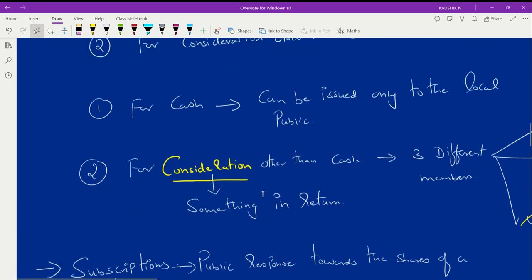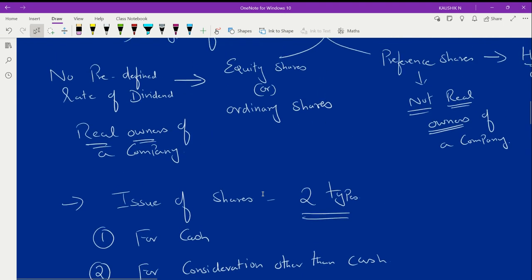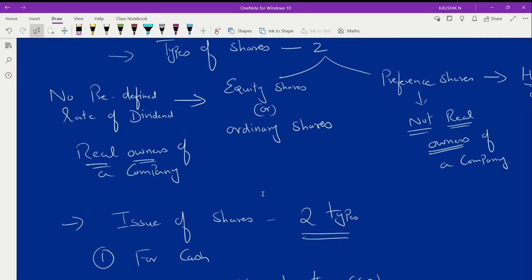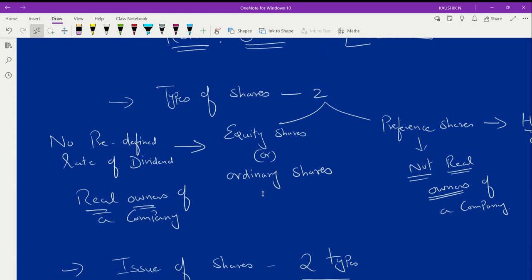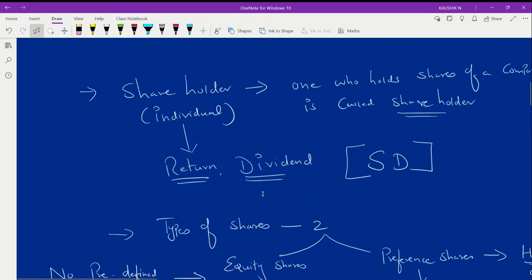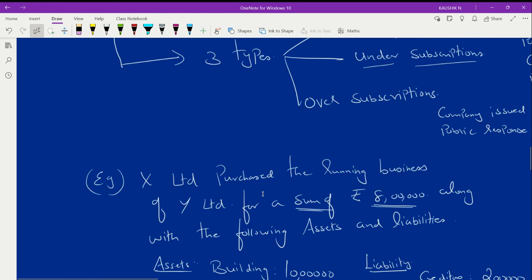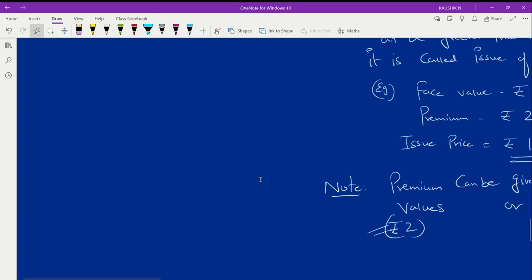What do you mean by the term consideration, and to how many members you can issue shares on a consideration other than cash, and the types of issues: two types, for cash and for consideration. What equity shares are otherwise called, and what preference shares are also known as, and what is the return, the dividend, that you pay to the shareholders. So these are the concepts that we have discussed so far. Any doubt up to this level?